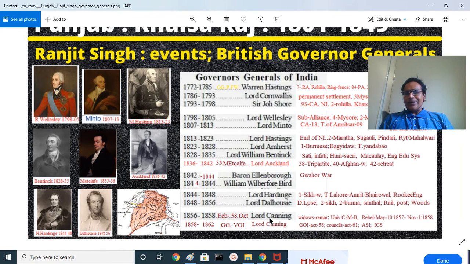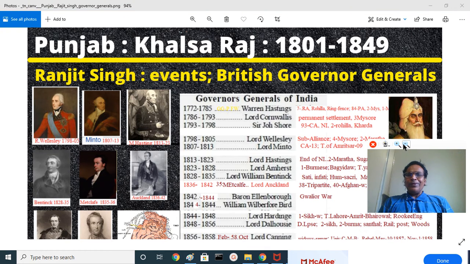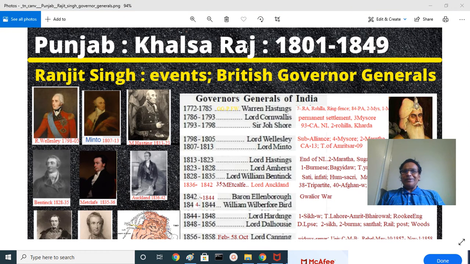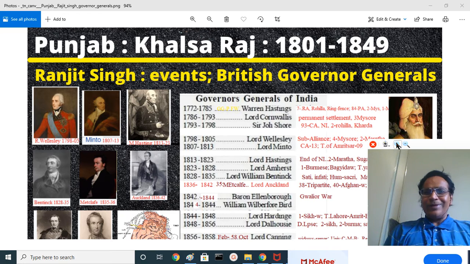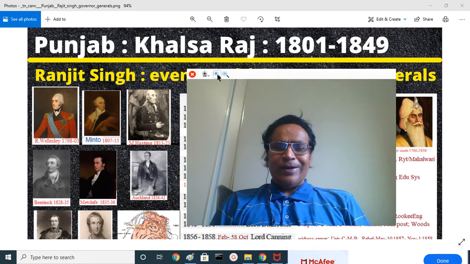A sort of separatism was introduced into them during the further British rule. So that's what we discussed today about Maharaja Ranjit Singh's Khalsa Raj 1801 and events and British governor-generals during Ranjit Singh's time and his successors' time.